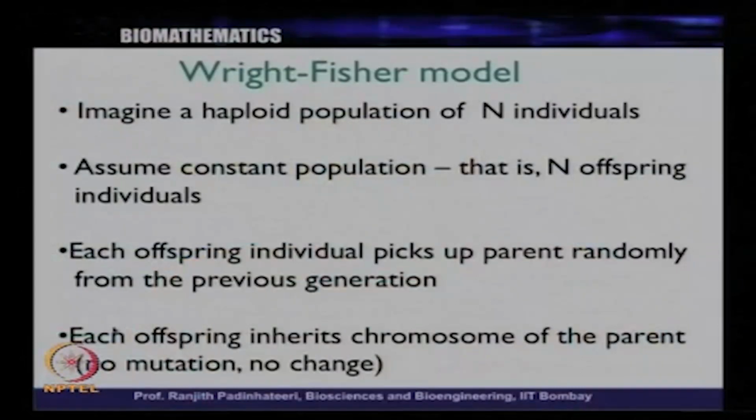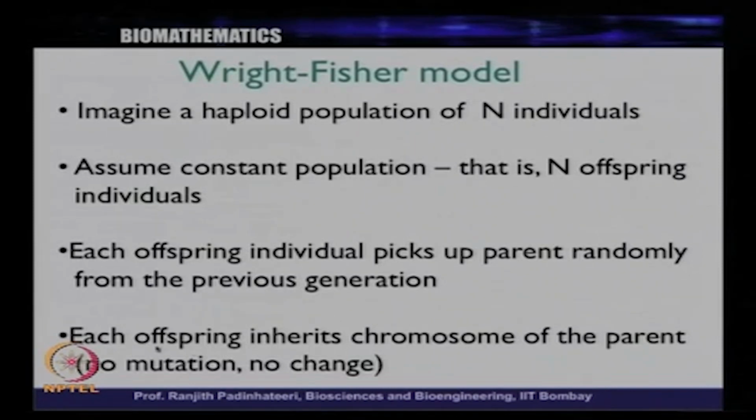If you look back at the rules we had, there was this particular rule that each offspring inherits the chromosome of the parent as it is, without any change, without any mutation.